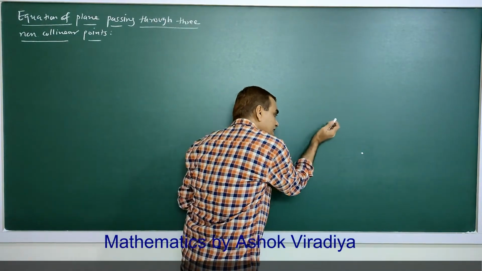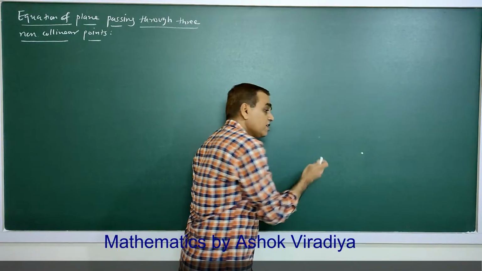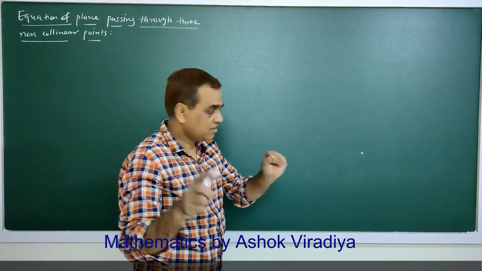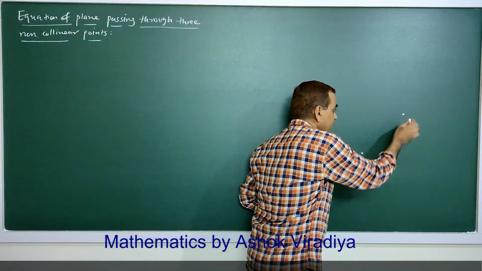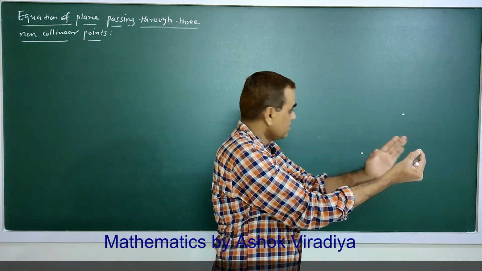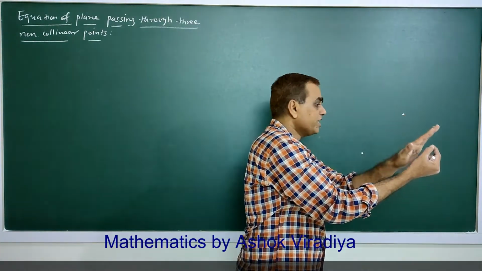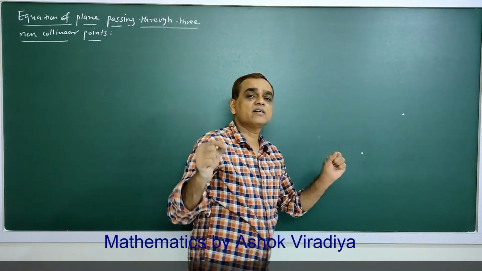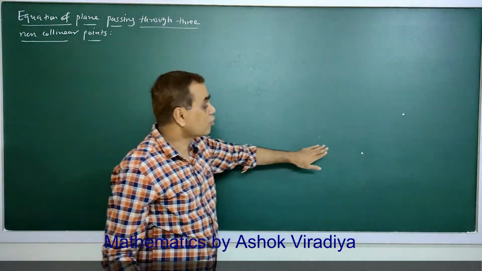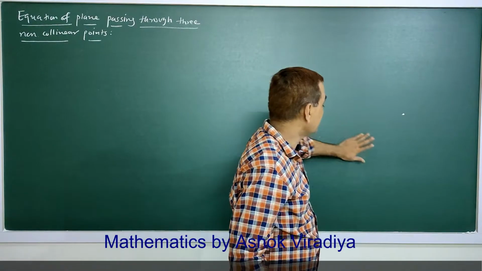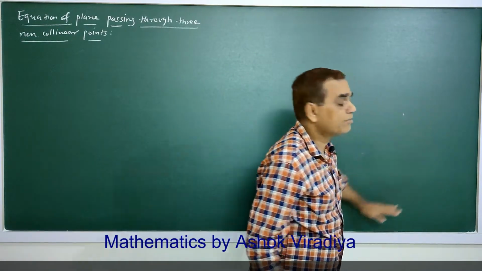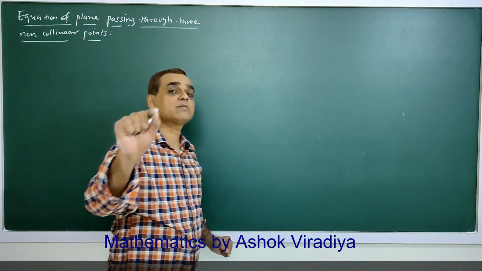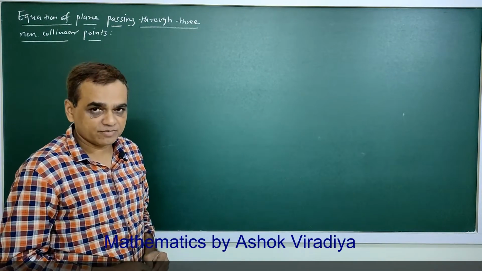So anywhere, if there are 3 points which are non-collinear, suppose these 2 points are here and the third point is somewhere here, so these are non-collinear points, hence there exists a plane containing these 3 non-collinear points. So the first condition for existence of a unique plane is that the points must be non-collinear.